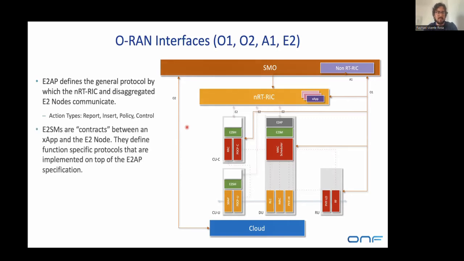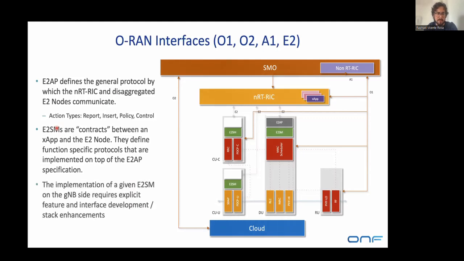As defined previously, the E2AP is a generic protocol that defines certain service types, and those service types provide the mechanism for the service models, which are some sort of contracts between the xApps and the E2 nodes, and define the functions for how the xApps can extract metrics and control these E2 nodes, in this case the CU and DU components.